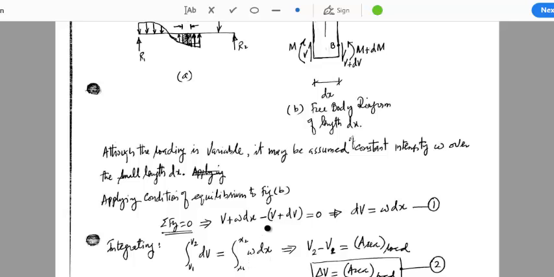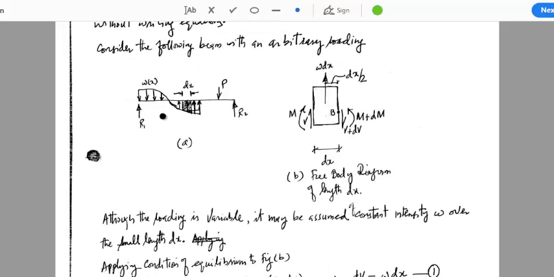Now what is omega? If you look at this diagram, omega is basically a function of x. It means that as x is changing, the intensity of this area load is also changing. And you know that whenever we have any expression in terms of x and we take its integral, what do we get? Every equation basically represents a line.